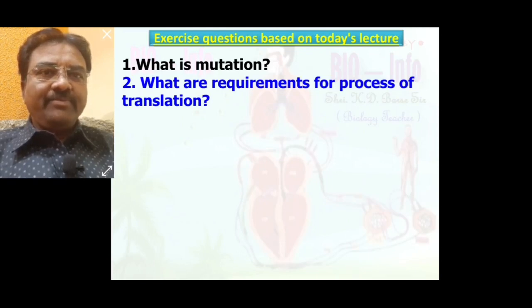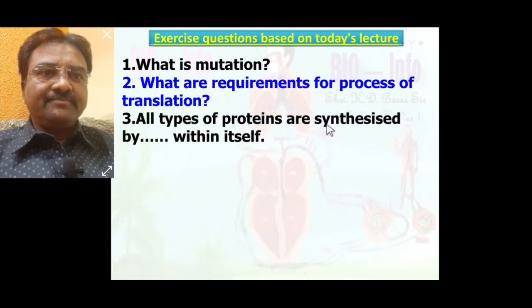Also ATP as a source of energy, some enzymes, and some factors are important. All types of proteins are synthesized by the cell within itself.